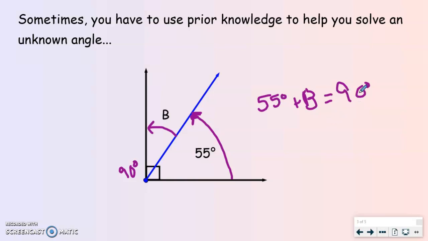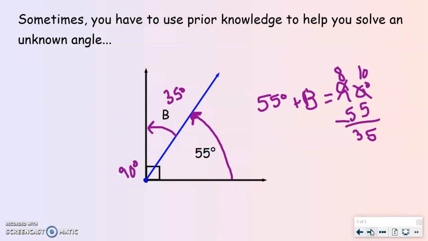We can take the 90 degrees, subtract the 55, and what we have remaining will be the value of angle B. So again, we'll do a quick regroup. 10 minus 5 is 5, and 8 minus 5 is 3. So angle B would measure 35 degrees. And if we add those together, 35 plus 55, it does equal 90.